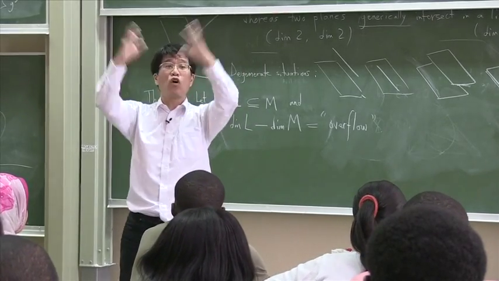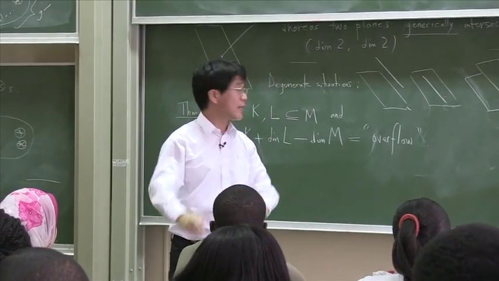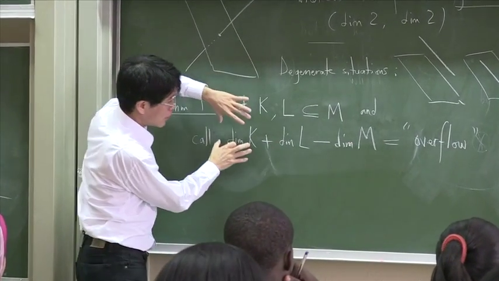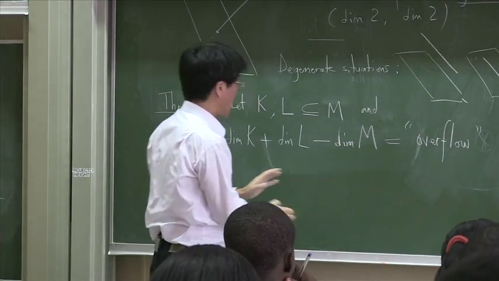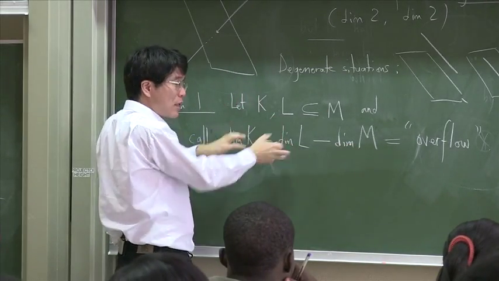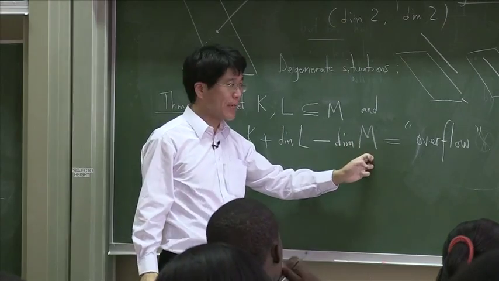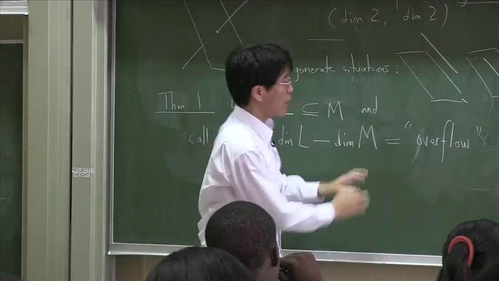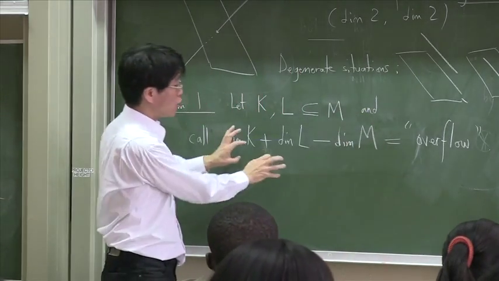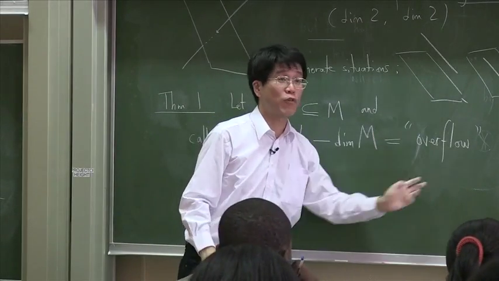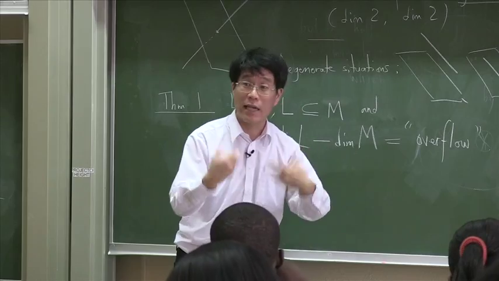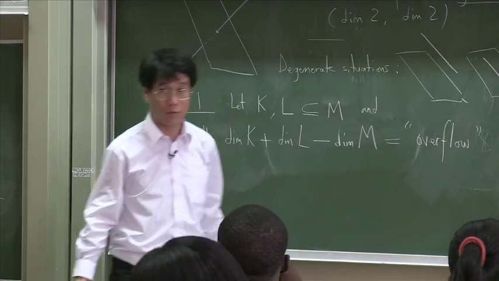So how much overflow is there? That's exactly this number. If you have too much in too little space, then you overflow. If you have plenty of ambient space and you're not putting very much, then that overflow is negative. In other words, negative overflow means there is no overflow.